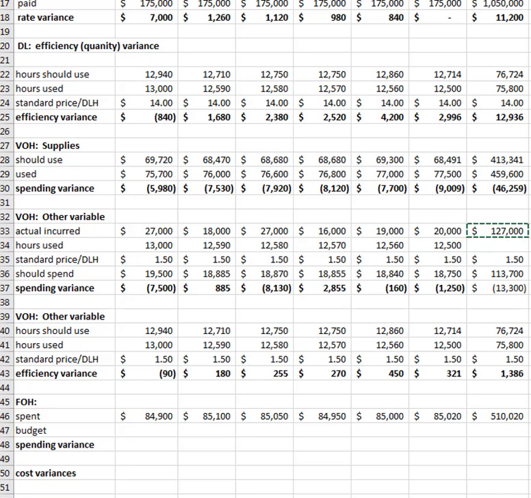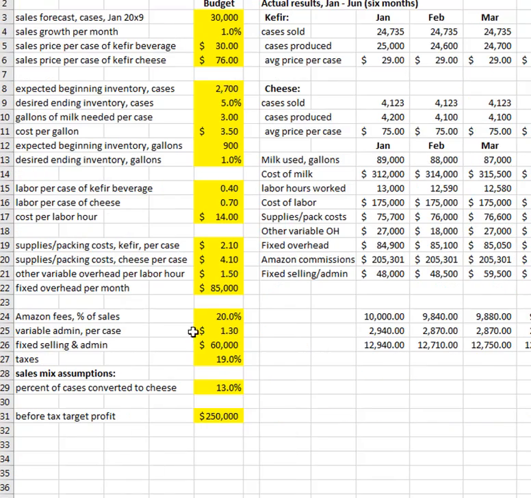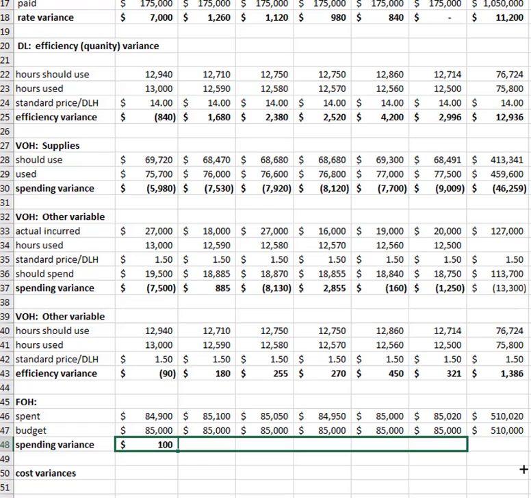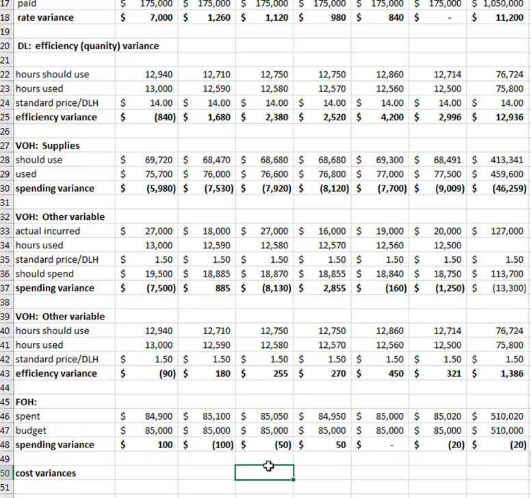And then the budget was just a fixed amount. And then what you should have spent, which was the budget, compared to what you did spend. And so, okay, that's a very minor area, so it doesn't look like the fixed overhead.